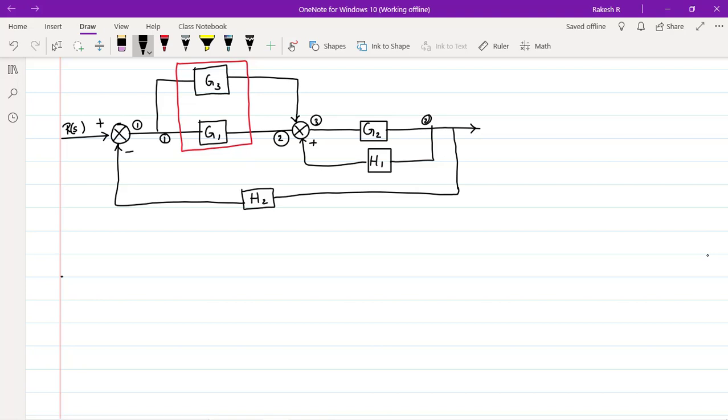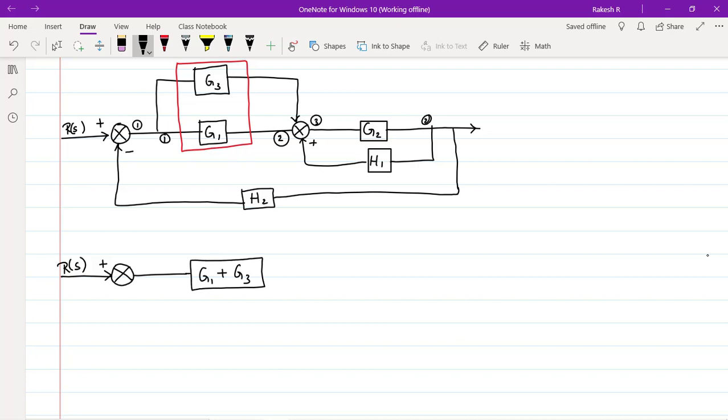Input we have is R of S. This is the summing point 1. And when the blocks are in parallel, what are we supposed to do? We need to add them up. That is G1 plus G3 here.